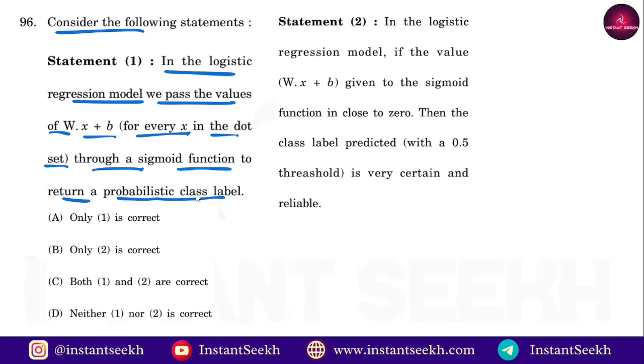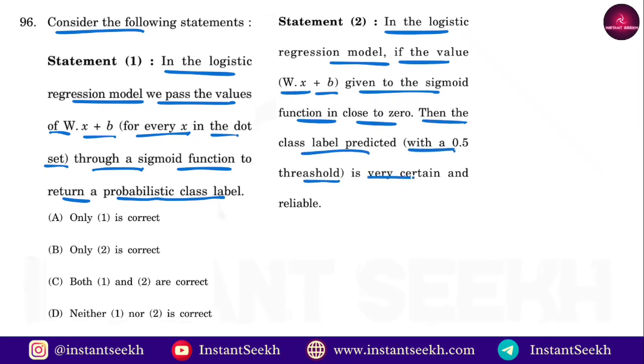The second statement states: in the logistic regression model, if the value W dot x plus b given to the sigmoid function is close to 0, then the class label predicted with a 0.5 threshold is very certain and reliable. So we have been given these two statements with regards to logistic regression, and we have to interpret them.